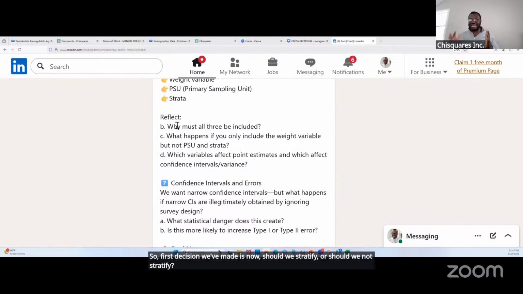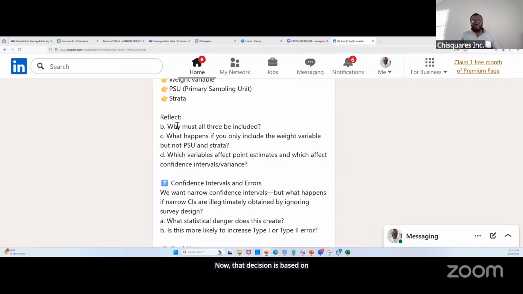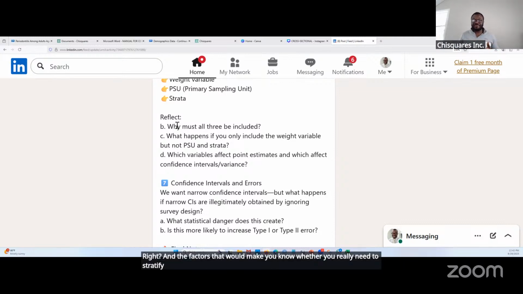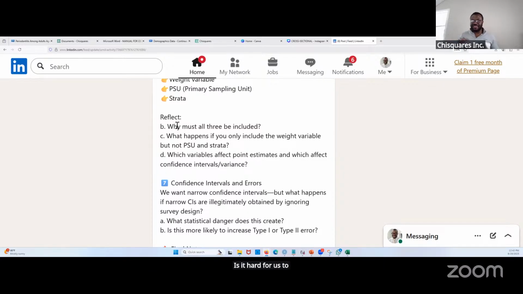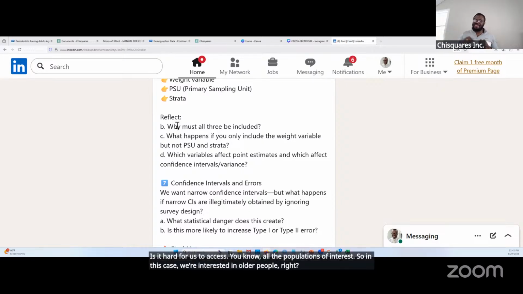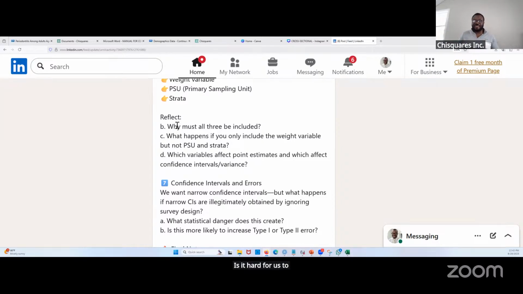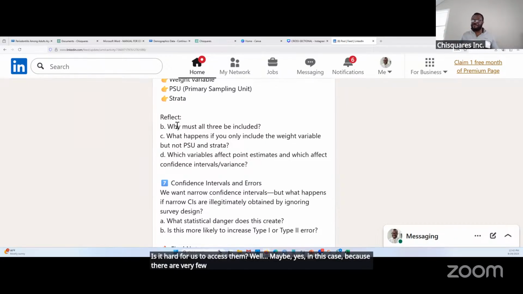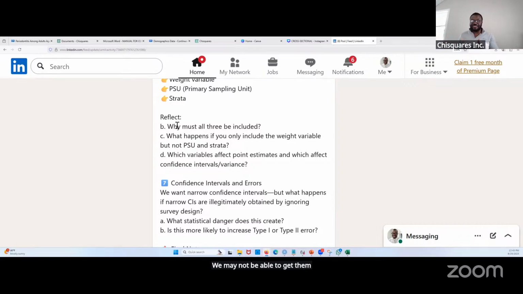Now, that decision is based on whether we really need to stratify. The factors that tell you whether you really need to stratify are, first, is it hard for us to access all the populations of interest? In this case, we're interested in older people. Is it hard for us to access them? Well, maybe yes, because there are very few of them, and if we just left it to chance, we may not get them in sufficient numbers.